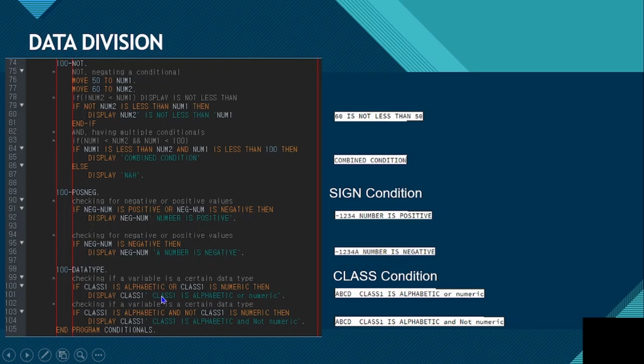We will implement the values that are under the if statement. So in here, if class 1 is alphabetic and not class 1 is numeric, class 1 is numeric is false, but since we have a not statement, then it would return true. So if class 1 is alphabetic true and true, then it would return true. So class 1 is alphabetic and not numeric.